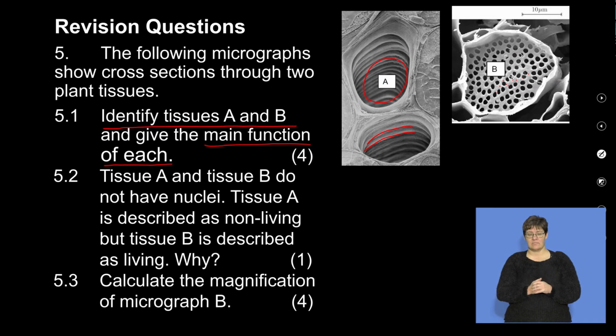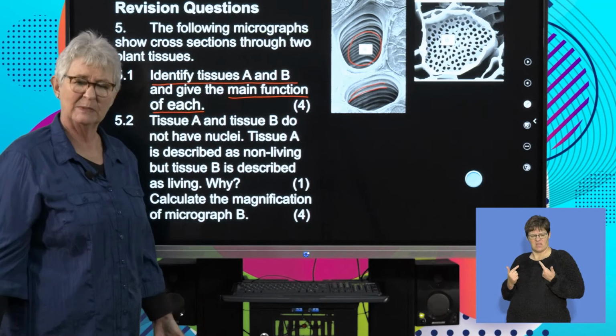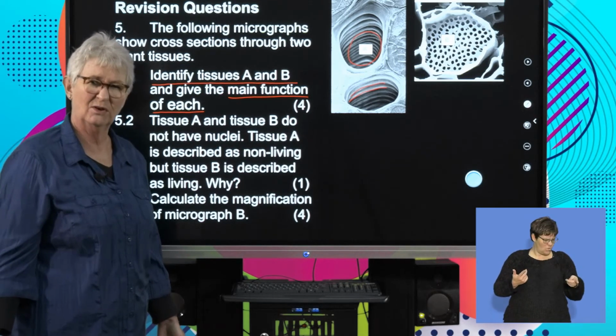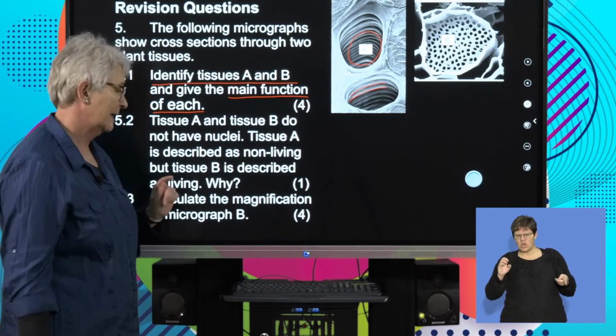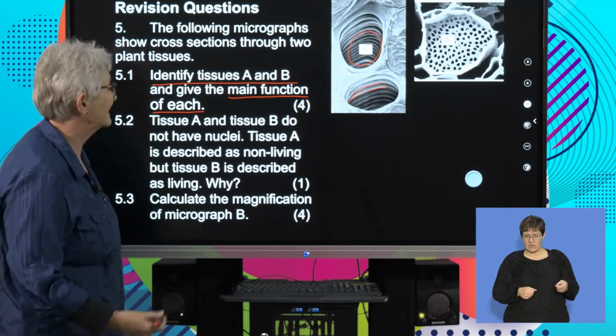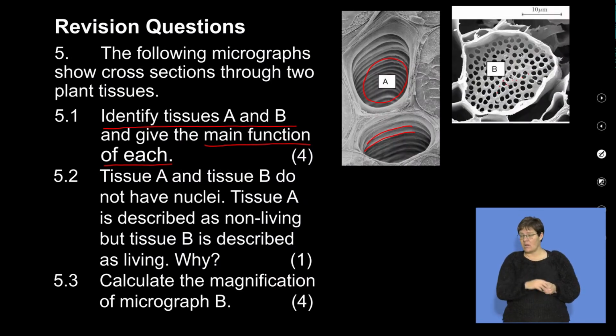Okay, then sometimes questions get a little bit more complicated because they're saying tissue A and B do not have nuclei, but we say tissue A is non-living and tissue B is living. How can it be living if it doesn't have a nucleus? Okay, so for this, you need to understand, because in phloem, look there, what do we have there?